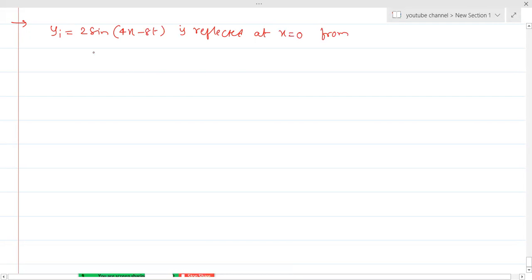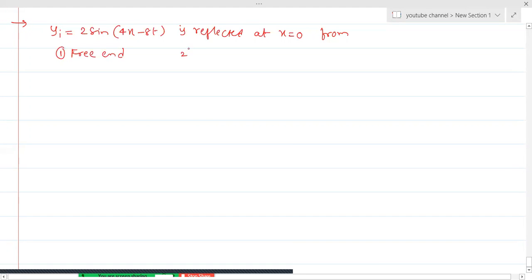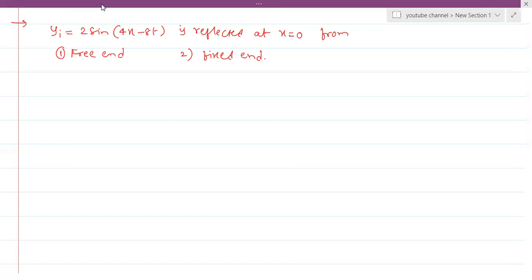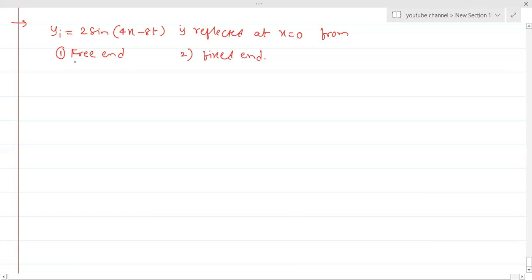In the first case it is a free end, and in the second case it is a fixed end. First one is free end and second one is fixed end. We need to understand that free end means rarer medium and this is the denser medium.